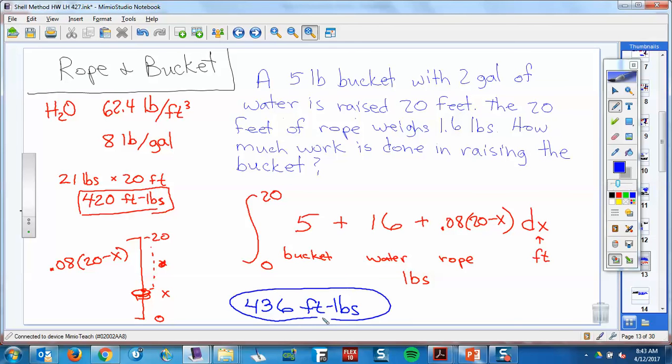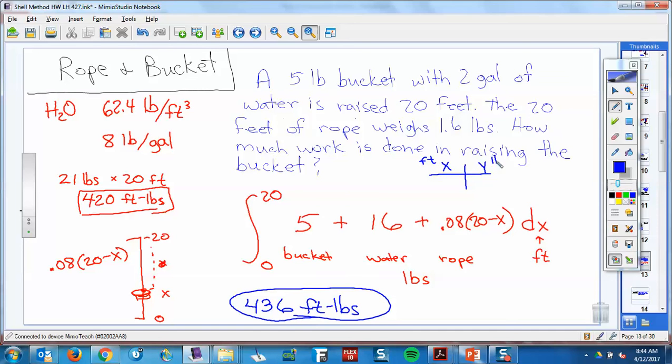Now, let me show you. We got the 0.08 because I showed you the PowerPoint, and it said 0.08 pounds per foot. You could have got that by dividing, but here's an easy way to get this. If you know that you've got 20 feet of rope that weighs 1.6 pounds, I would make a little XY table. This is going to be feet.